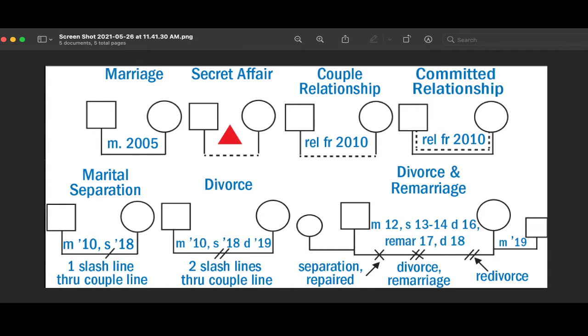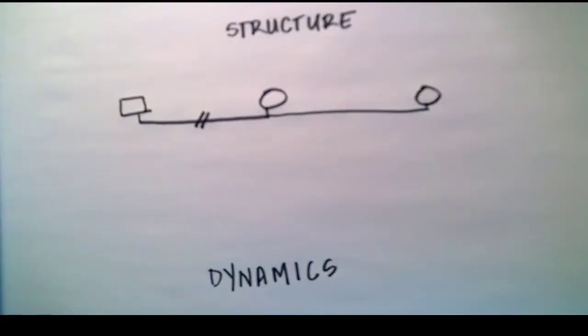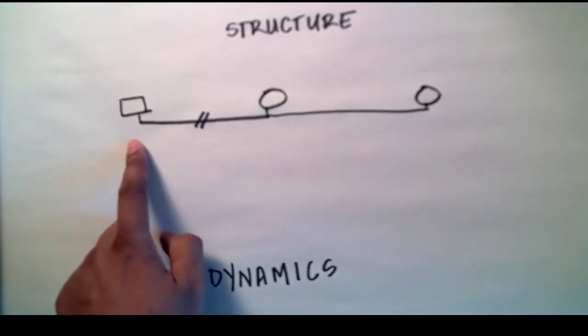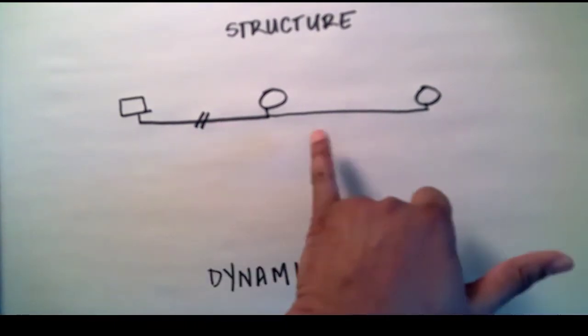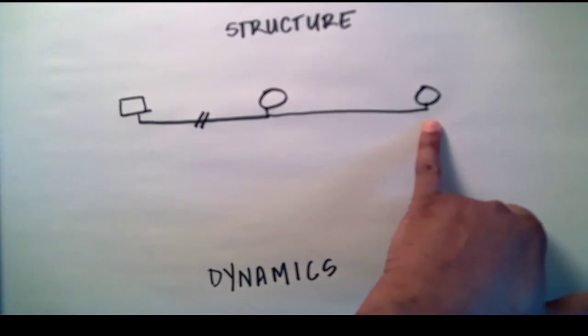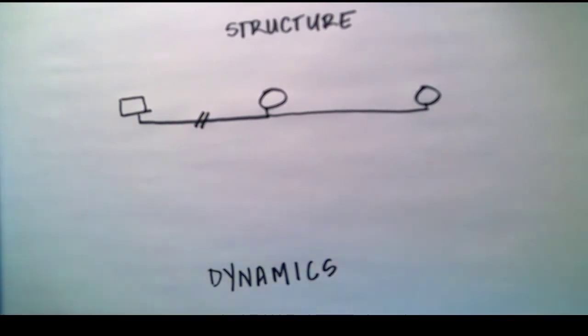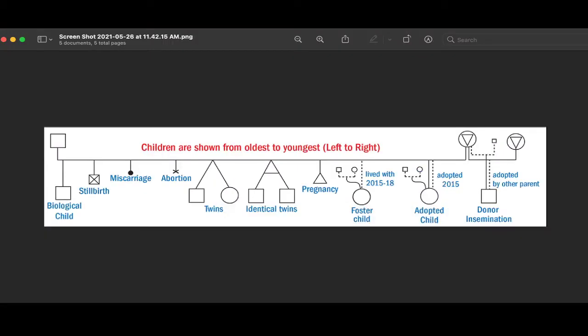So what we've done is, if you look back at these, we've now created the basic structure of the family. We have the dad who's married to his wife, and then they got divorced, and now these two women are married. Now, what we also want to do is depict things like kids. In order to do that, we use other symbols, and here's a list of symbols for children.